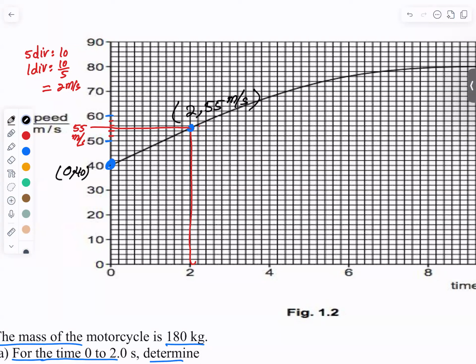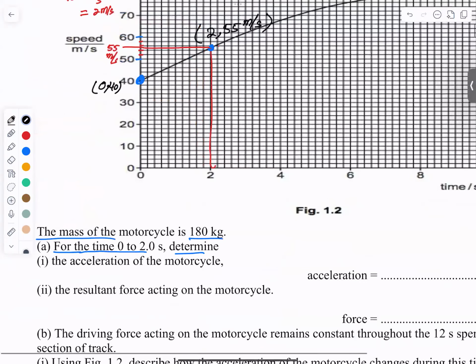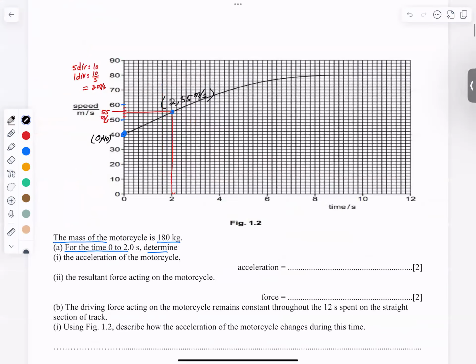So if we calculate the slope of the speed time graph, it will be the acceleration. If it's a straight line motion, then slope is y2 minus y1 over x2 minus x1. Here y is speed and x is time.